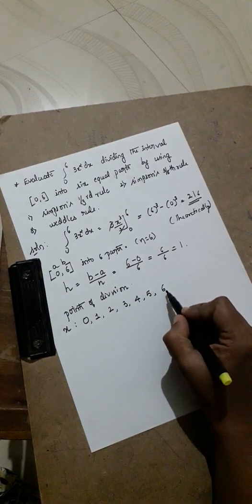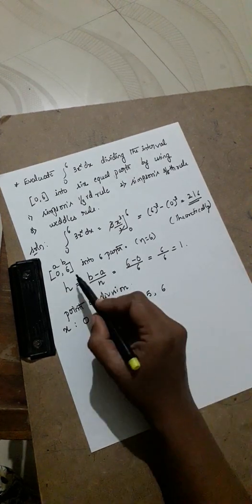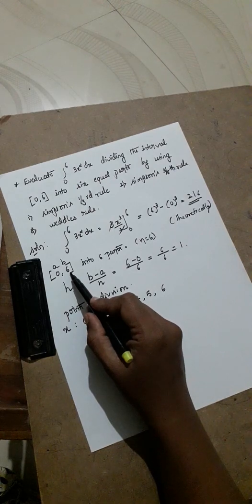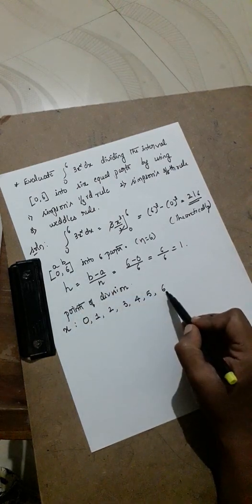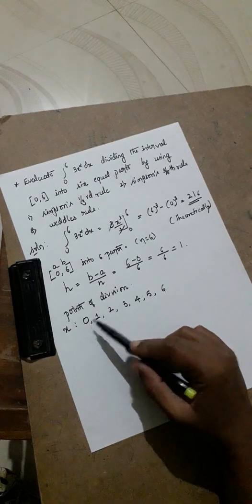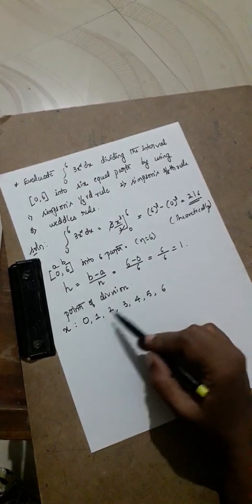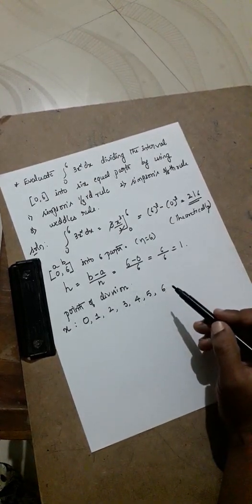So we can stop the process here, as the value of b is equal to 6, which is x6. So for the interval from 0 to 6 we have found the values of x.